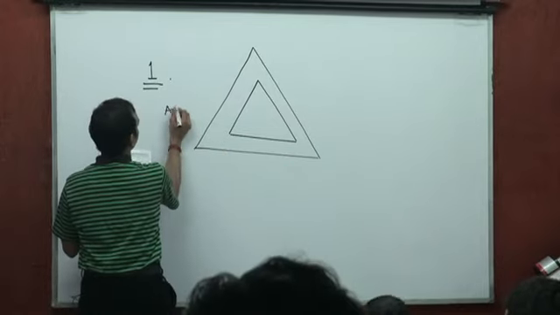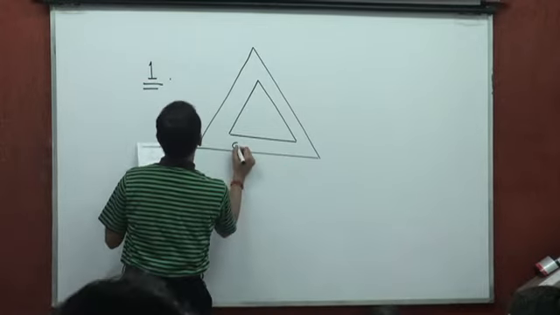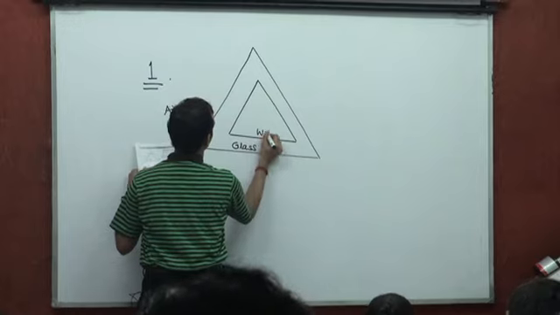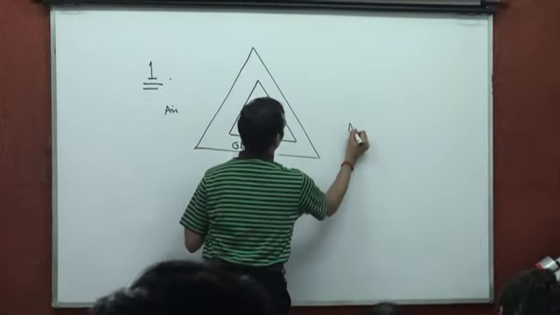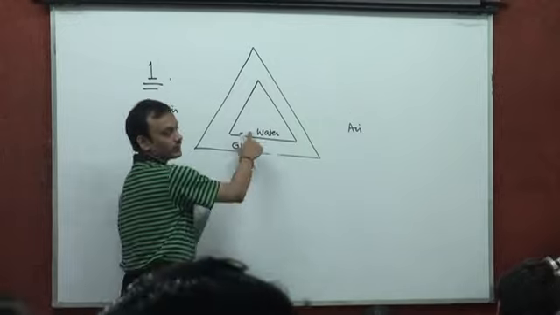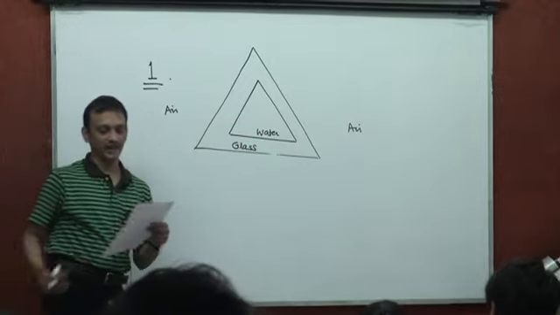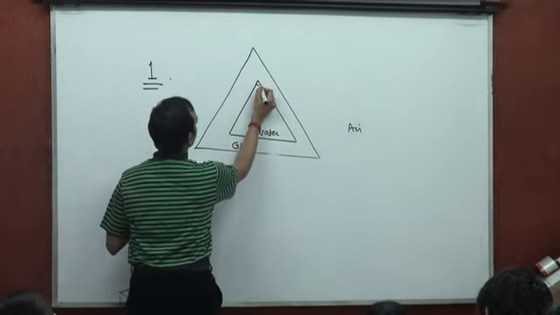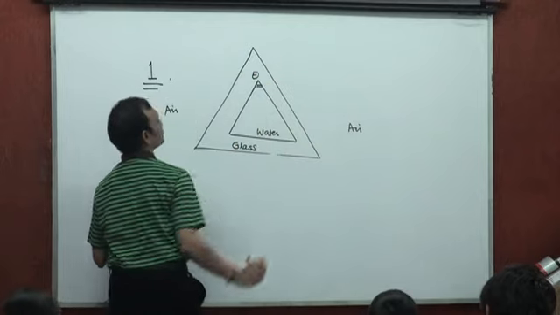So we have air, and then we have this glass, and then we have water, and then we have air. Water is 4/3, glass is 3/2 refractive index. And this angle is theta.